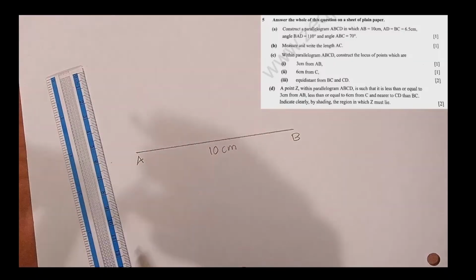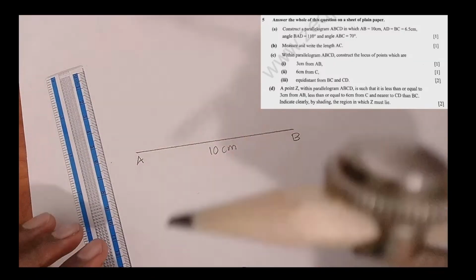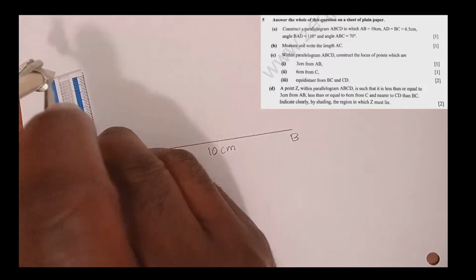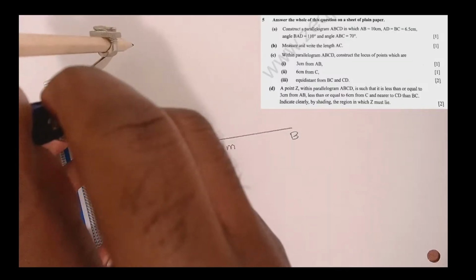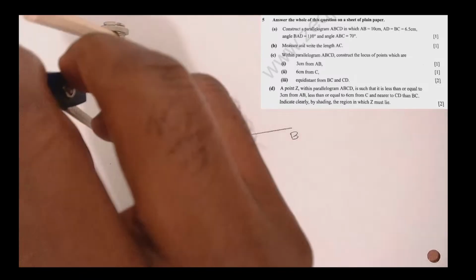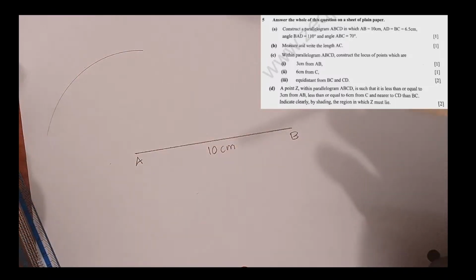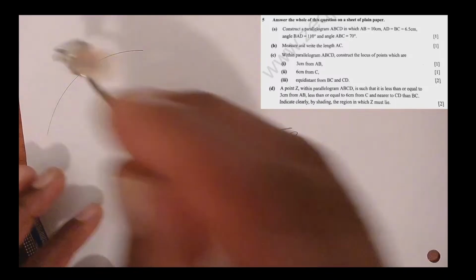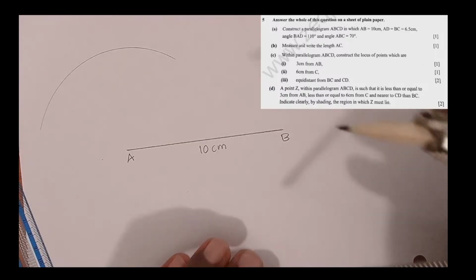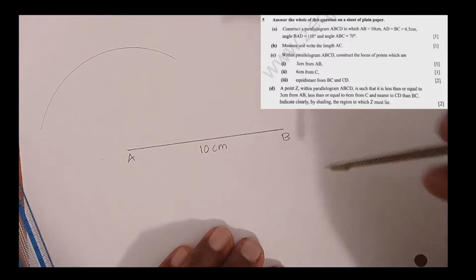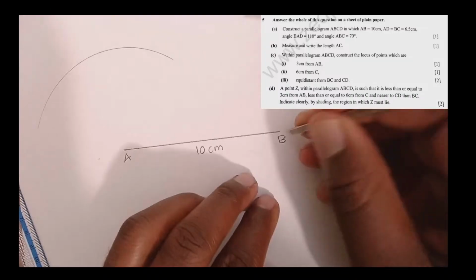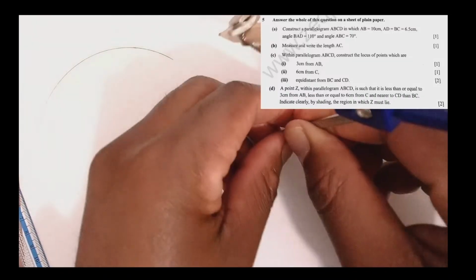Trust me, this is my 6.5 centimeters. So I put it at A, and I know that this is 6 centimeters, so I'll just do like that. I don't know how much I need, but this should be enough. Or maybe I can extend it a little bit this side. Then I also know that BC is 6.5, so I go at B, I do the same.